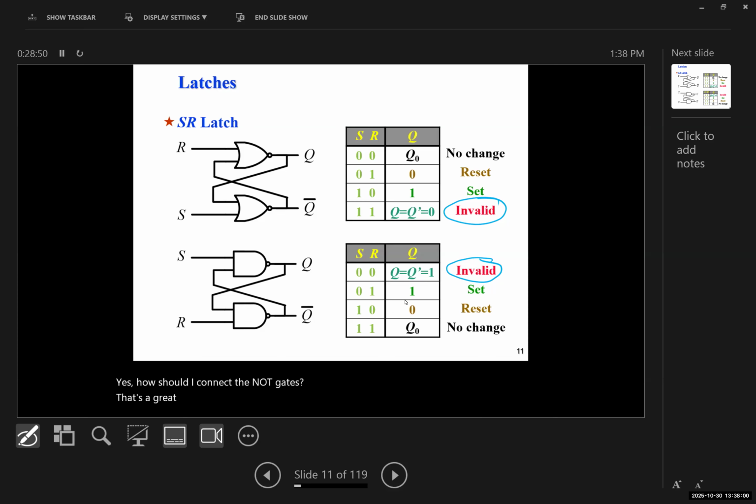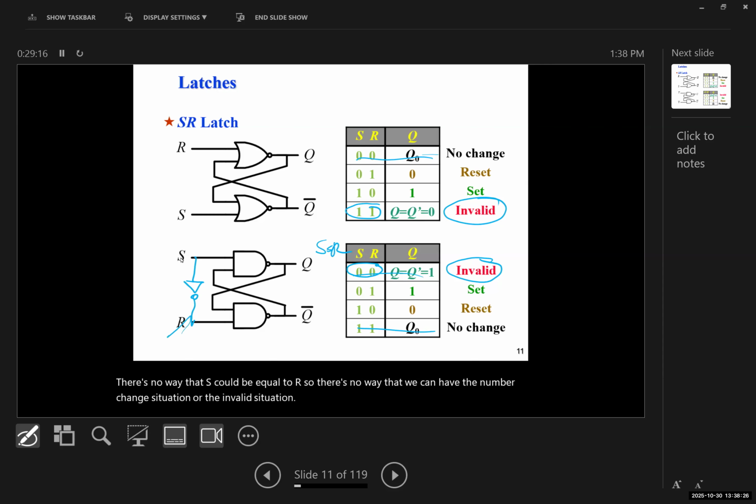We use a NOT gate. So the invalid situation only occurs when S and R are what? The same. So what I can do is connect S and R with a NOT gate. Now there's no way that S could be equal to R, so there's no way that we can have the no change situation or the invalid situation.